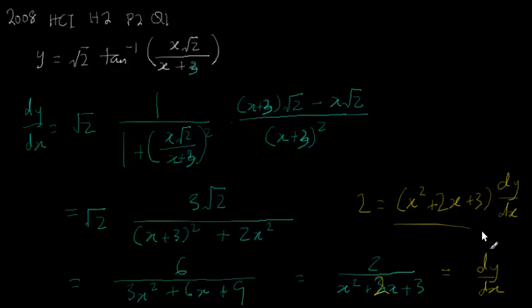Let's move on to the next part. The next part, we need to find the Maclaurin series for y. So the way to do that is to make use of this.